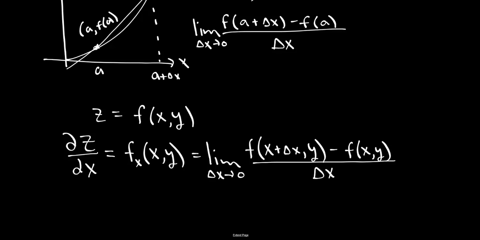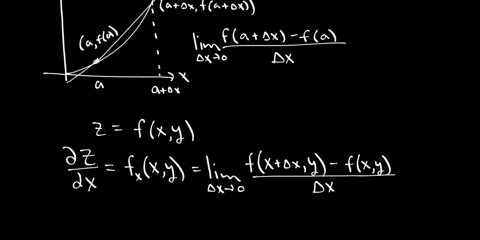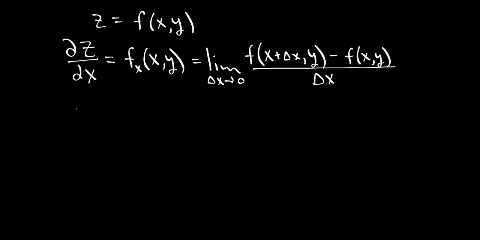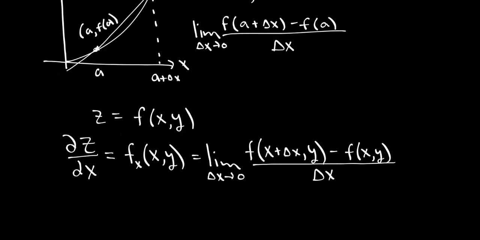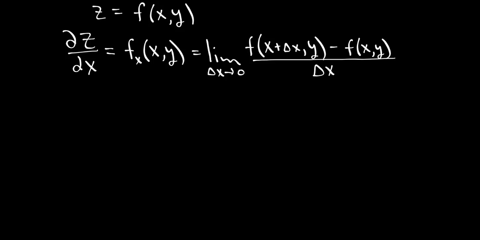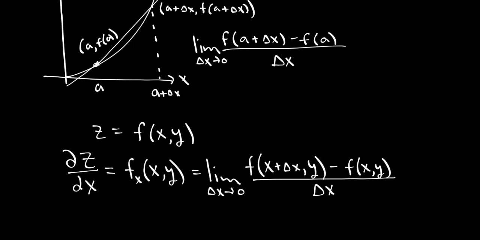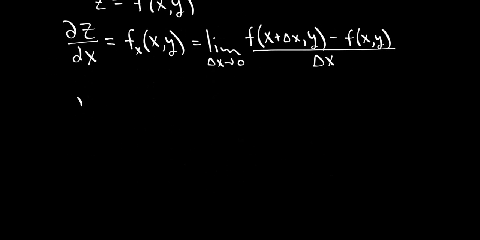Now, we also have the partial of z with respect to y. So let's look at that one. The partial of z with respect to y. And that's going to be written this way. And now we're keeping x constant and just differentiating with respect to y.